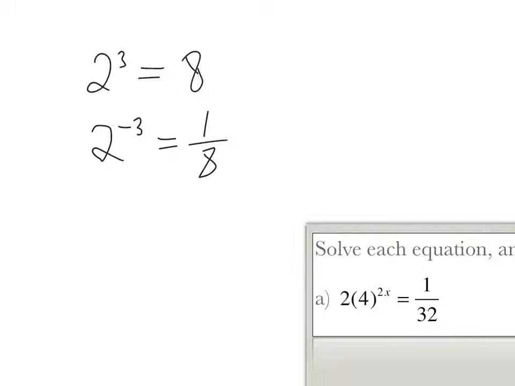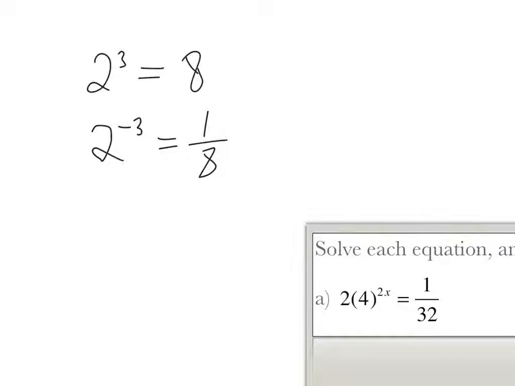Okay? Which is a little weird. That's just a rule you learn in grade 10, and you have to work with it quite a lot in grade 10, that a negative exponent actually means reciprocal, technically. So if 2 to the power of 3 is 8, 2 to the power of negative 3 is the reciprocal of 8, which is 1 over 8. But it's something that you did quite a while ago.